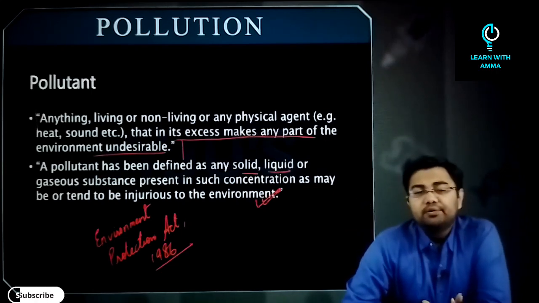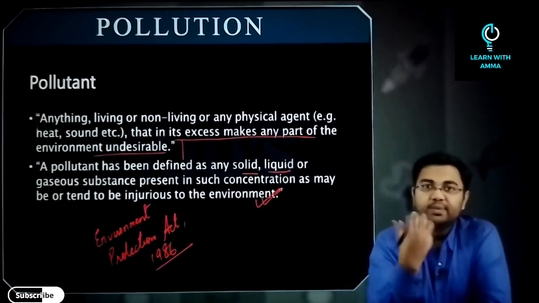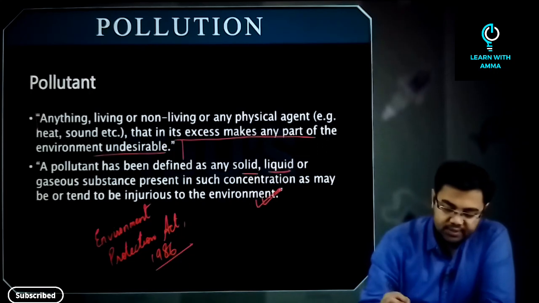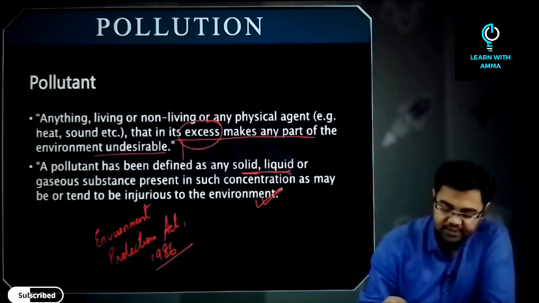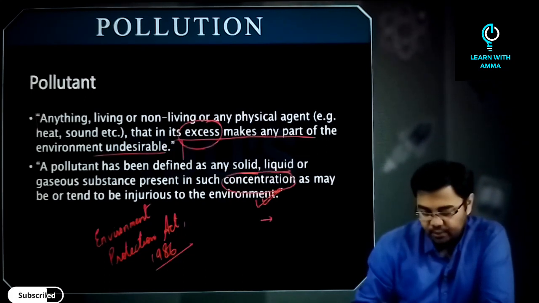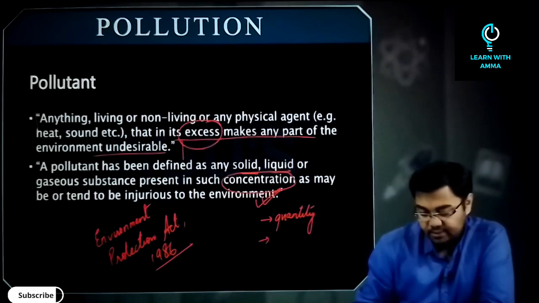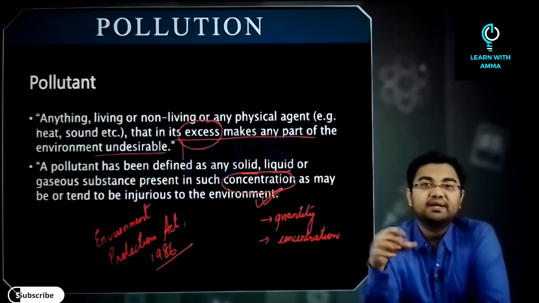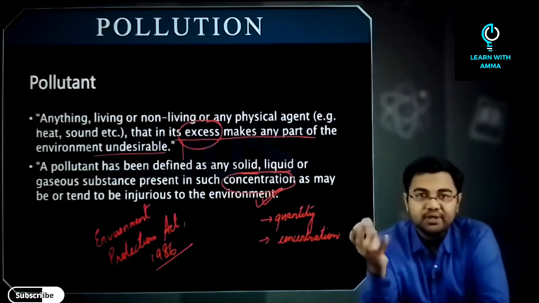So when we say pollutant, it can be a normal substance, but if you look at these two keywords, one, the quantity, and second, the concentration, these are the two things that can make a substance a pollutant, right?